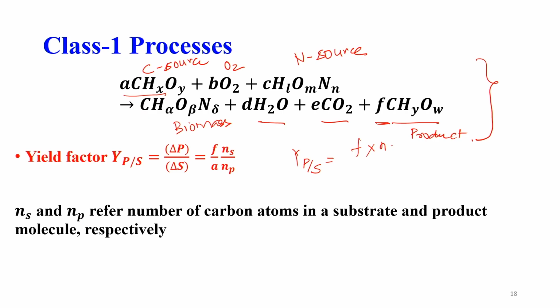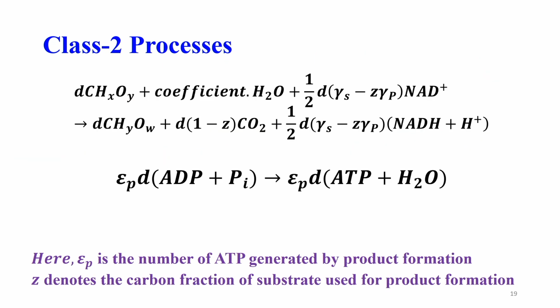So, this comes as Ns divided by the stoichiometric coefficient of your substrate into F divided by Np. In this way, from class 1 we should be able to calculate this yield factor, or if the molecular formula and stoichiometric coefficient are directly known, then we should be able to directly calculate delta P upon delta S. Now, let us proceed to class 2.